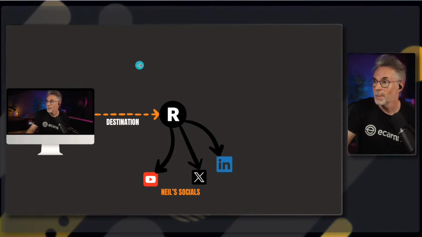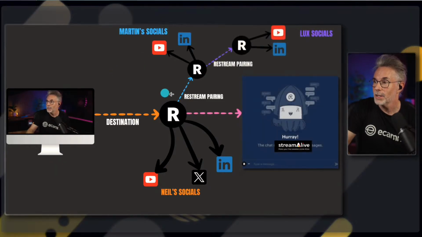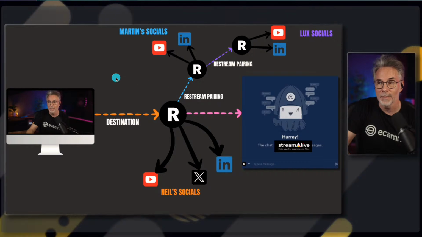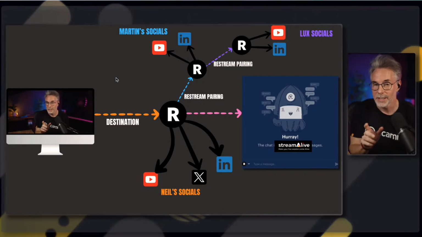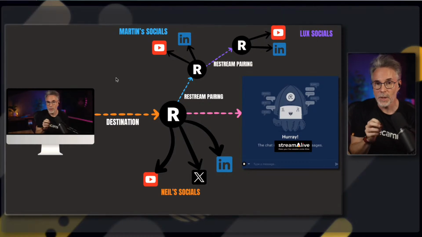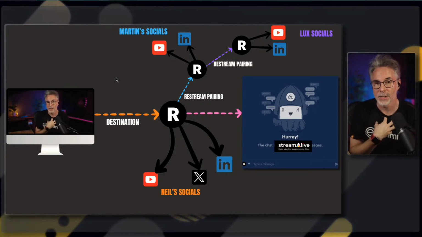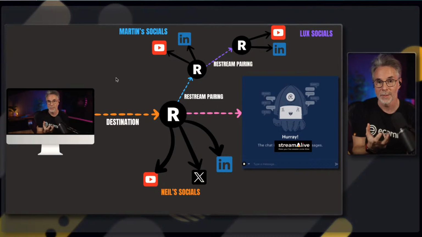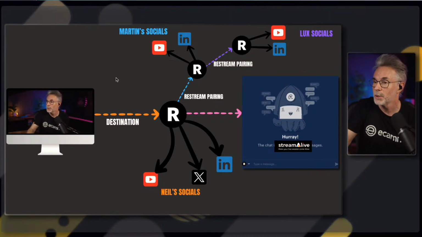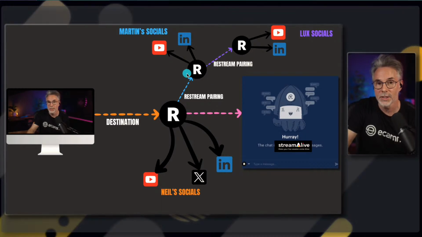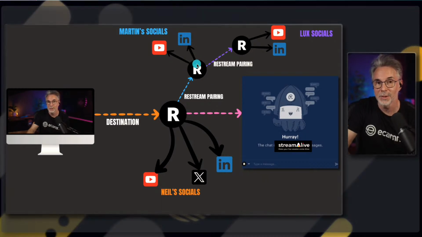The other part of that is that I've actually done something called Restream pairing. So Martin's got a free Restream account, and anybody can sign up for a free Restream account. And what that allows me to do is send Martin the URL for the stream that I'm currently doing right now. And that's basically pushing out to all Martin's socials because he's connected his free Restream account to that.